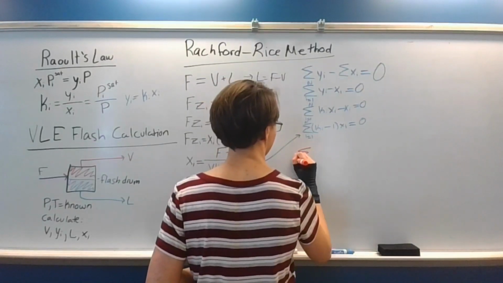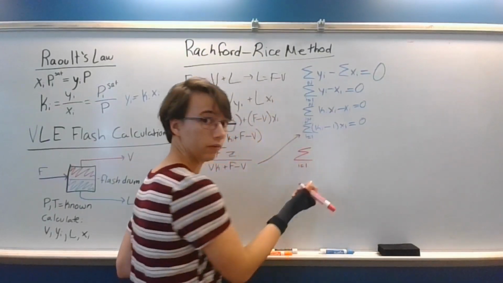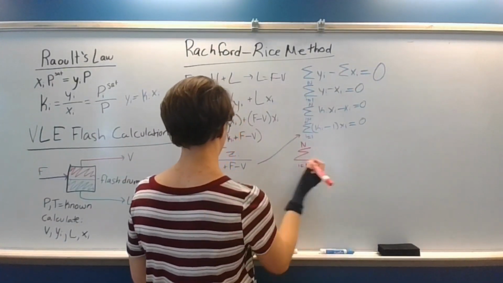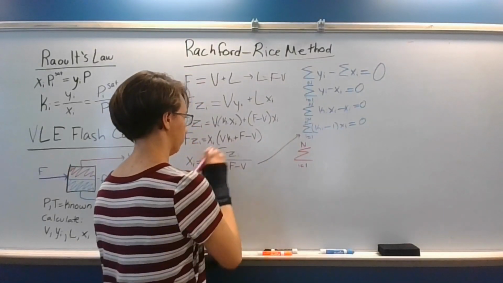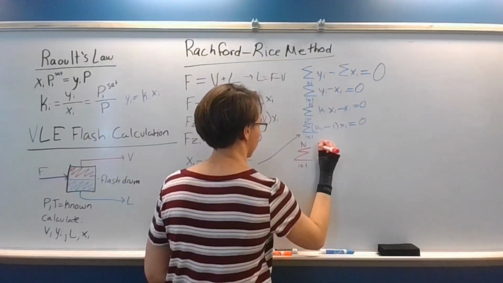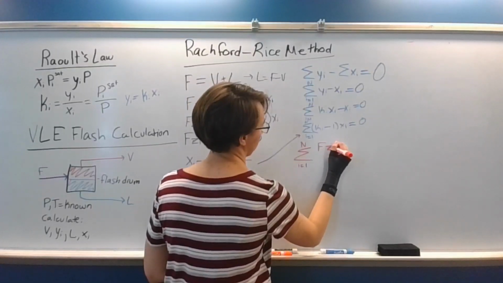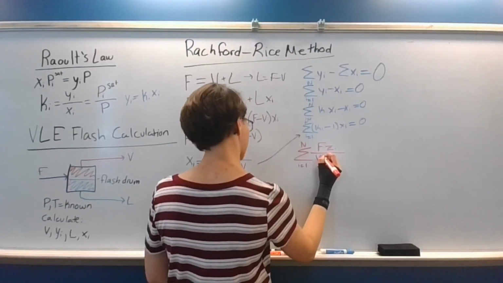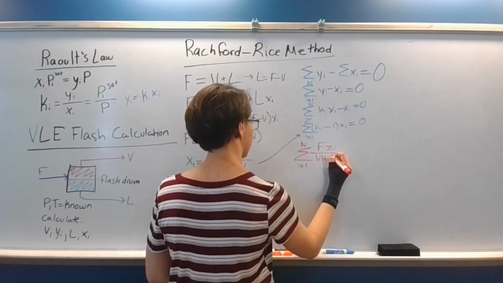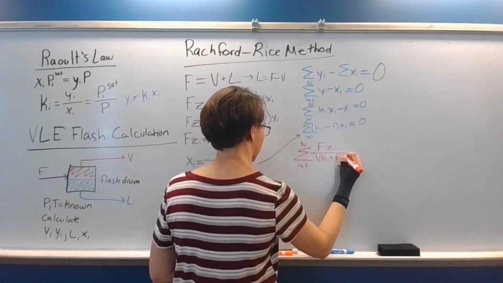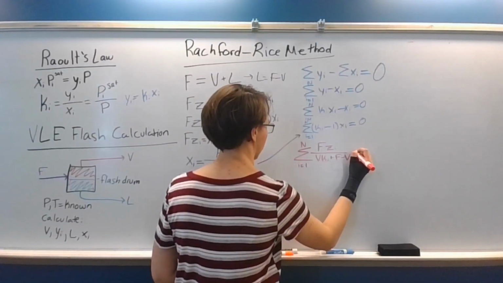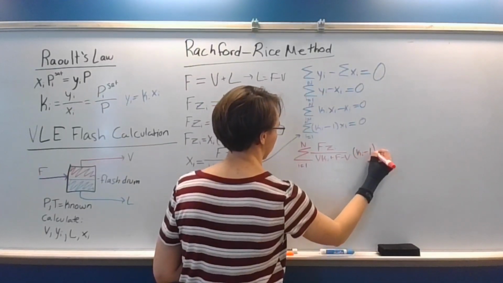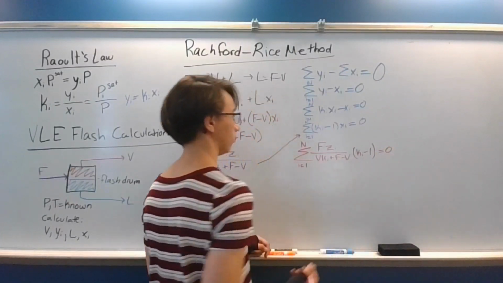So we'll get that the summation from 1 to n is going to be equal to this, so the moles of the feed times the mole fraction of the feed over moles in the vapor times Ki plus moles in the feed minus moles in the vapor, times Ki minus 1. That whole thing is going to be equal to 0.